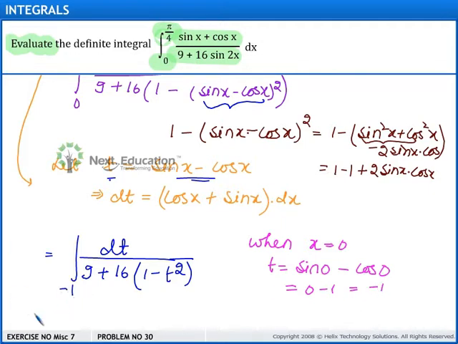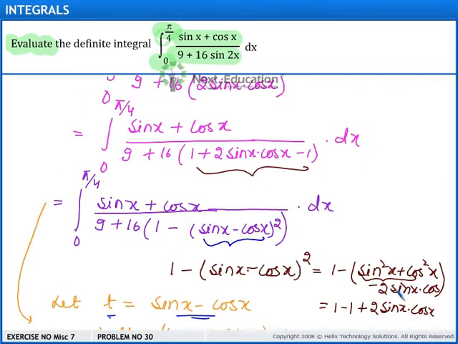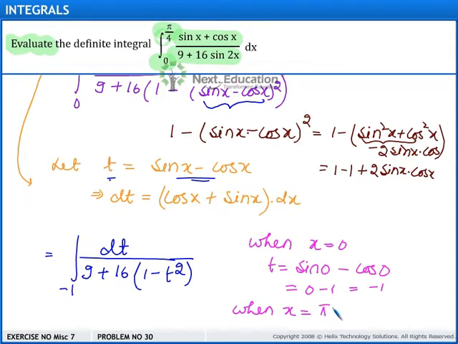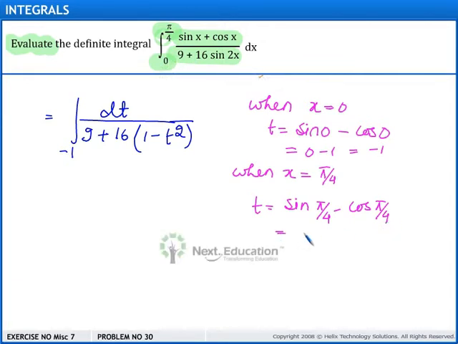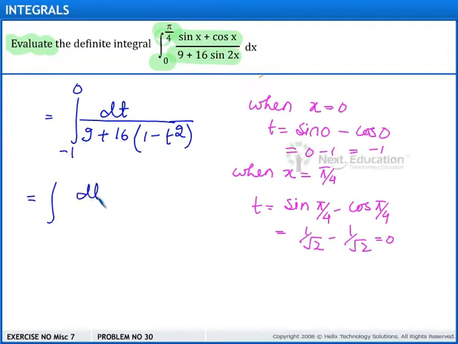So the lower limit is minus 1, and when x is equal to pi by 4, the upper limit, then t is equal to sin pi by 4 minus cos pi by 4, that is 1 upon root 2 minus 1 upon root 2, and this is equal to 0. Therefore the upper limit here is 0, and this can further be written as the integral of dt divided by 9 + 16, that is 25, minus 16t square, from minus 1 to 0.